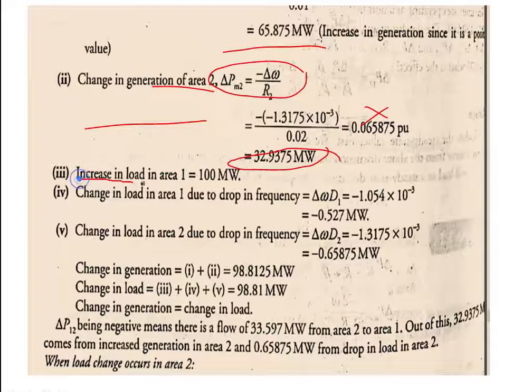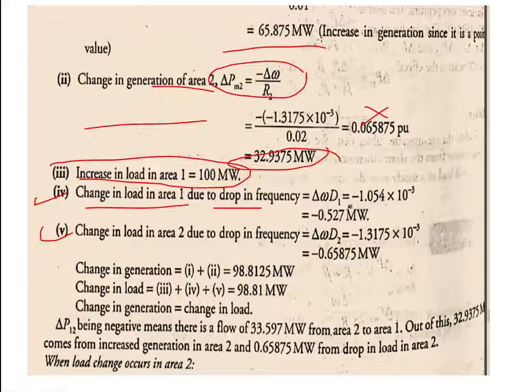Then increasing the load in area 1 by 100 megawatt is case 3. Then cases 4 and 5. Change in load in area 1, you can use delta omega into D1. Change in load in area 2, delta omega into D2. We have to find the values; just refer to the textbook and you will get all these details.